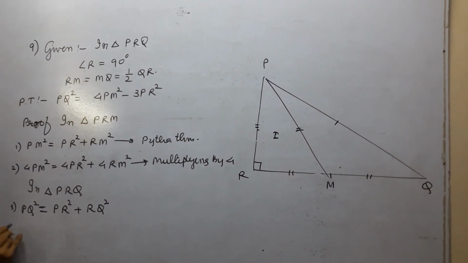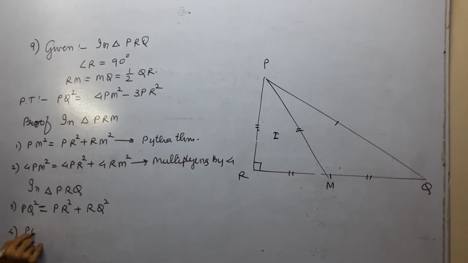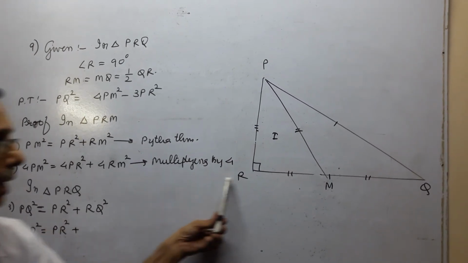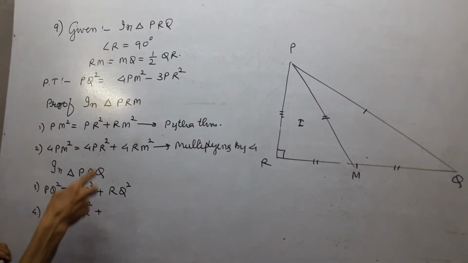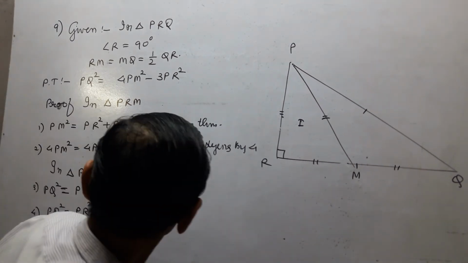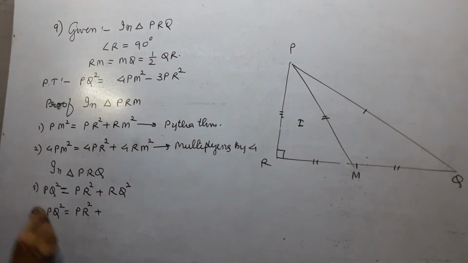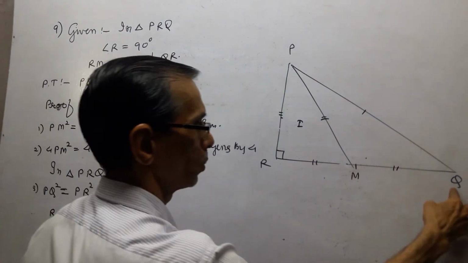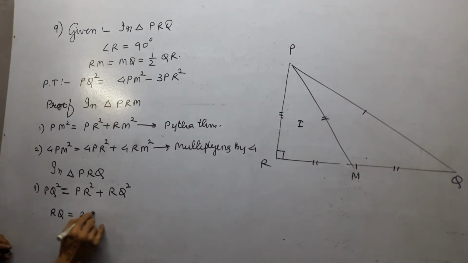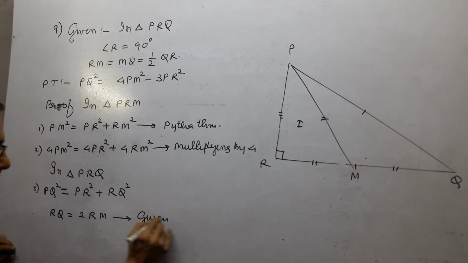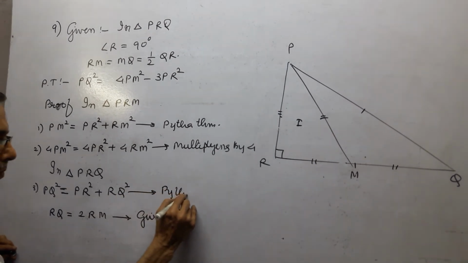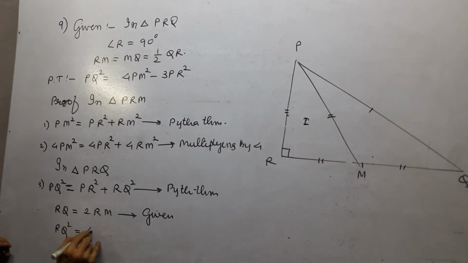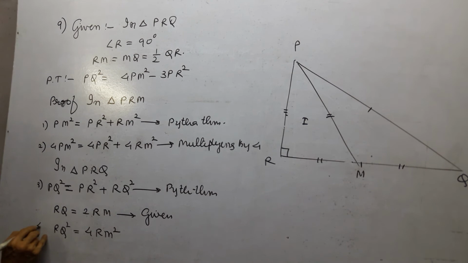But RQ is equal to 2 RM. Why? Given. And squaring, we get RQ square equal to 4 RM square.